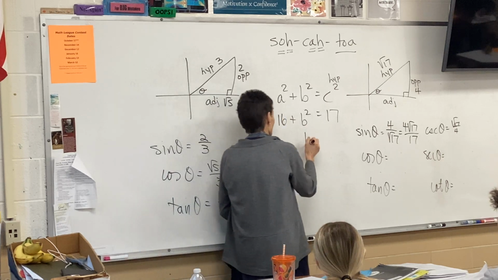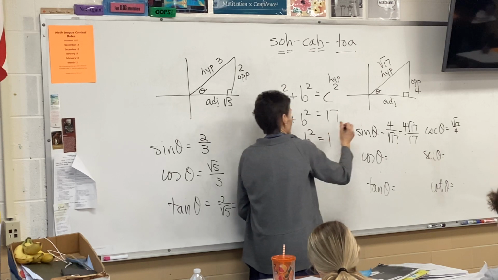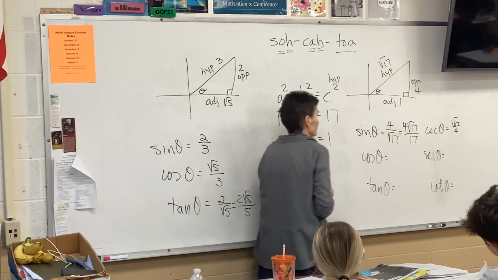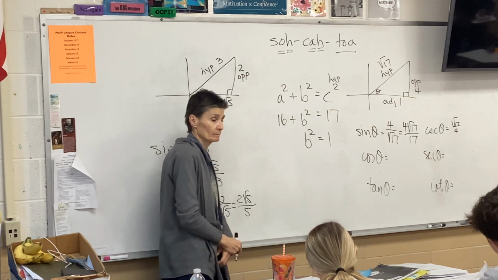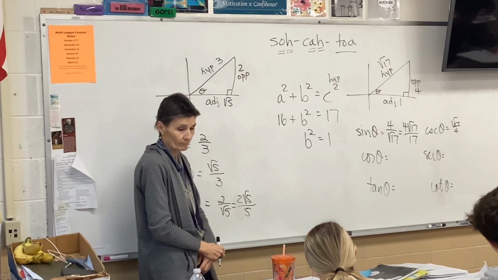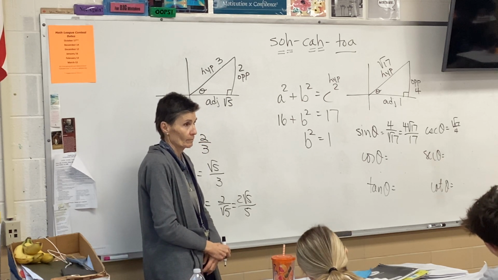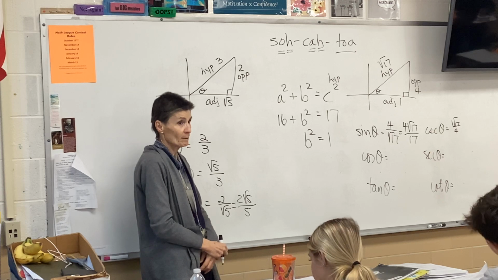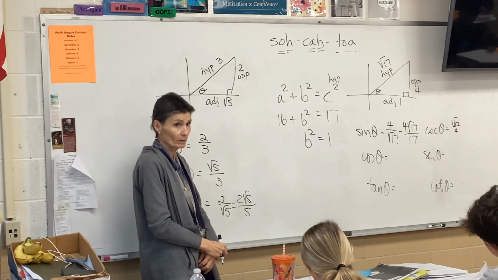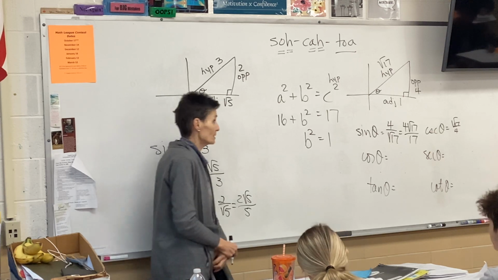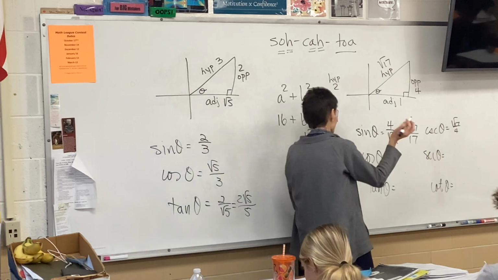So, oh, what's that going to be? Yep, it's just going to be 1. Okay, you need to be able to do that by yourselves. Everybody following along, okay? So now I can do the rest of my things.